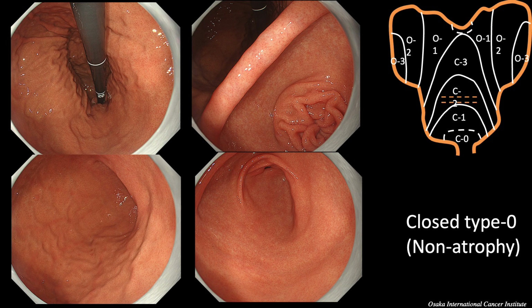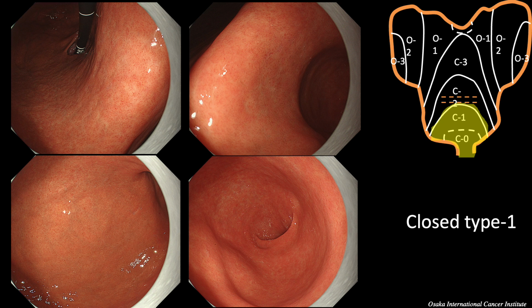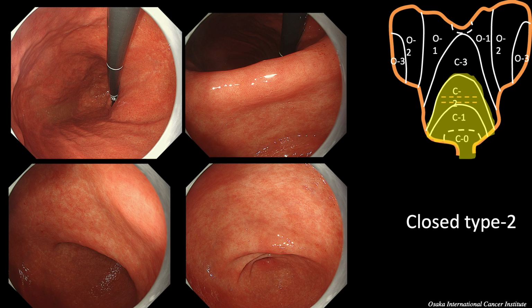This is a closed type 0 endoscopic image. There is no atrophy anywhere. Next is C1. The vascular translucency is not clear in the antrum, but there is a mottled faded mucosa. Next is closed type 2.